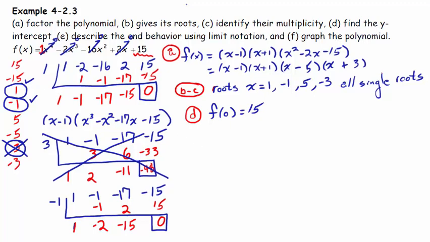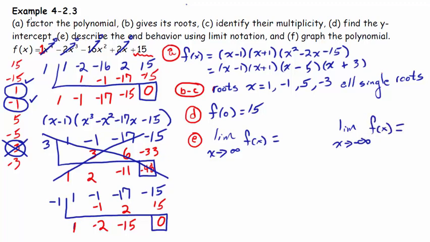Alright, for part E, we need to describe the end behavior using function notation. Alright, so we're going to have the limit as x approaches infinity of f of x, and the limit as x approaches -infinity of f of x.